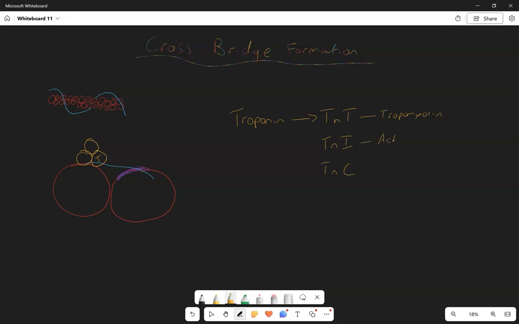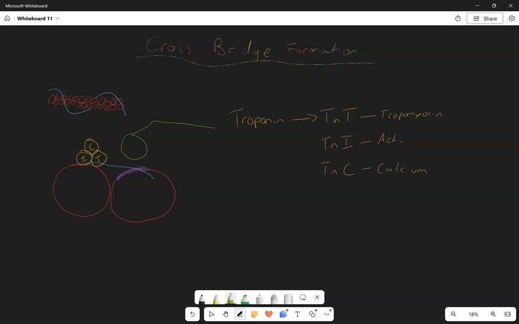It's known as the inhibitory subunit, right? So this would be TNI here. And then there is TNC, and this one binds to our good friend calcium, right? So this would be TNC there, right? So troponin has those 3 subunits, okay? And then up here, we'll draw our big myosin globular head, like so, right?